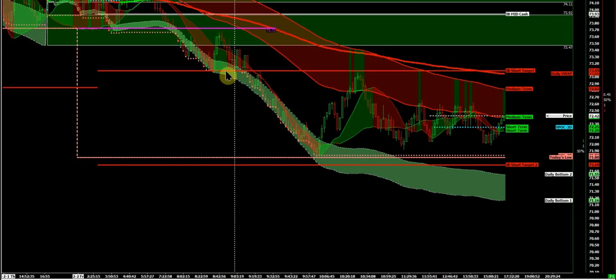Everything turned red right there. Boom, we're going down. All four of these were red. More short, more short. Bam, that cloud turned green. Time to get out of your short or start scaling out. So you scale out one contract here and one contract here.